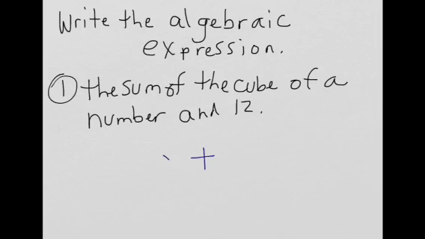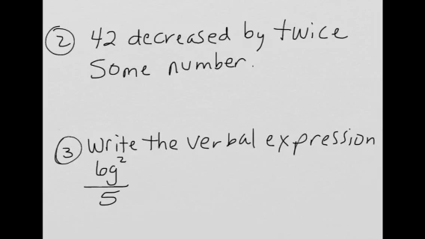Cube of a number would be x cubed, and the sum of that and 12, so it would be x cubed plus 12. 42 decreased by twice some number. So this is going to be 42 decreased by twice some number. 42 minus 2x.